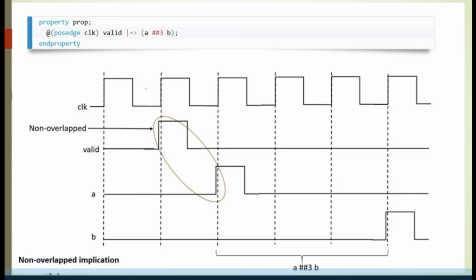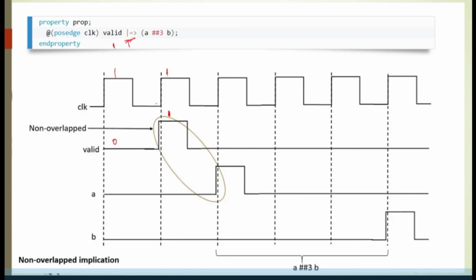The entire opposite is non-overlapped. Now see the same condition, but with the non-overlapped assertion. In the first clock cycle valid is 0, so the assertion fails. In the second clock cycle valid is high.